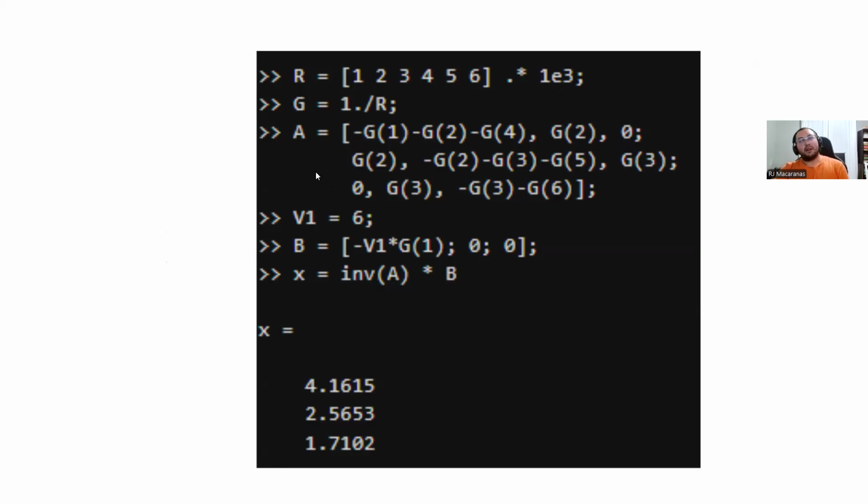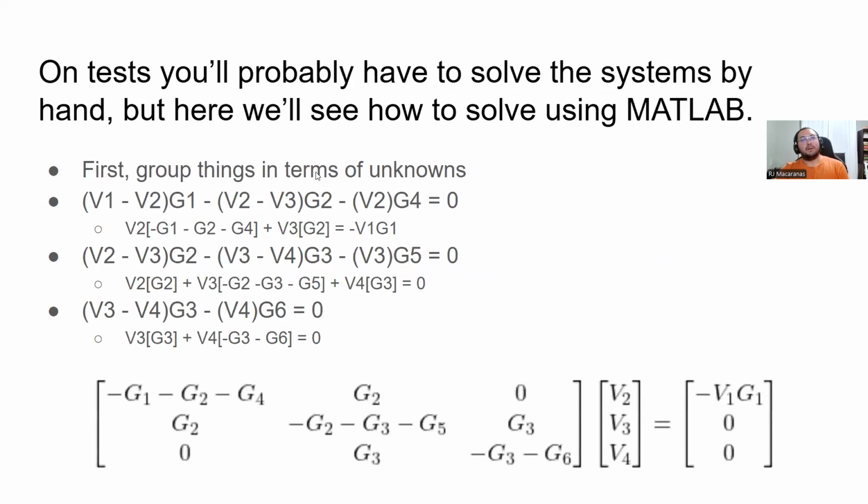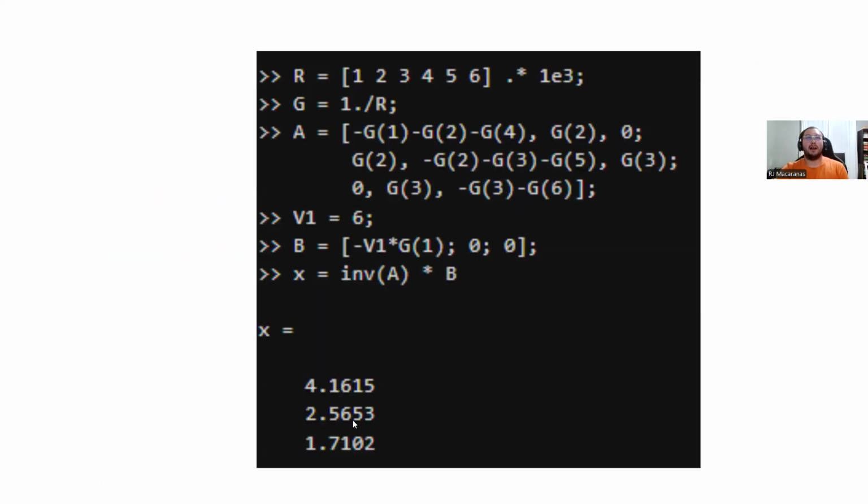And then I've defined my A matrix, which again is this guy. You'll see in MATLAB, we can separate each column term with a comma. So in the first column, I've got minus G1, minus G2, minus G4. In the second column, I've got G2. In the third column, I've got 0.